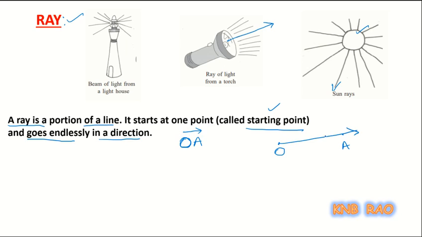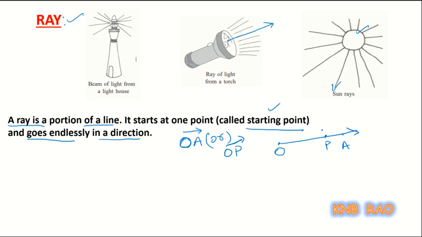Suppose you have got another point here, let's say P. Now you can call it ray OA, or you can call it ray OP, because O is the starting point and P is another point in the same direction of extension. That's it. Ray OA or ray OP is accepted. But reversing the letters, that is ray PO, we cannot say, ray AO we cannot say.